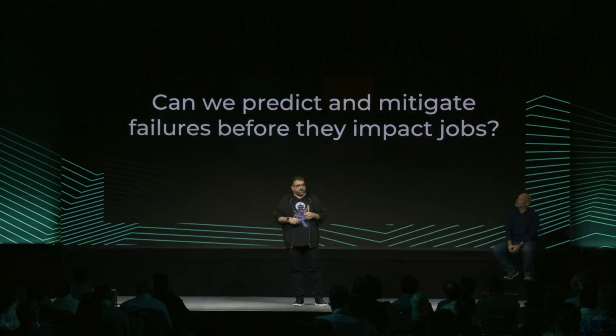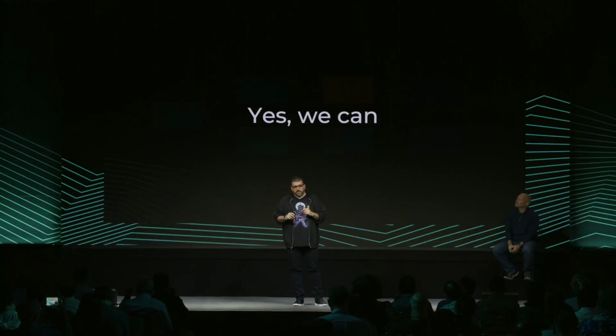So ensuring that we have these investments has been critical for customer experience and has been critical to keep the network within the envelope and within the expectations of our customers. So if we come back to the question that Rob posed before of can we predict and mitigate failures before they impact jobs, our answer today is that yes, we can.